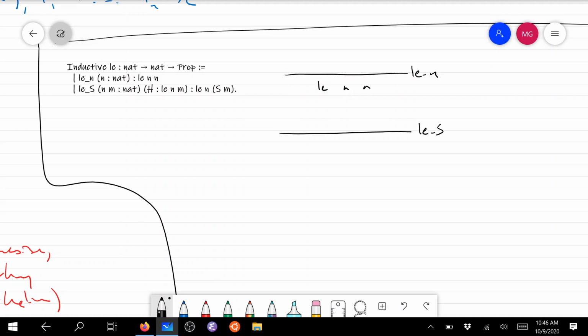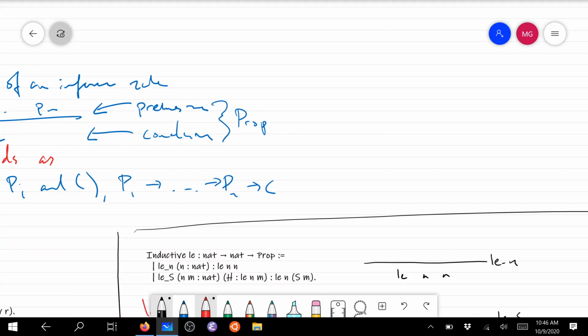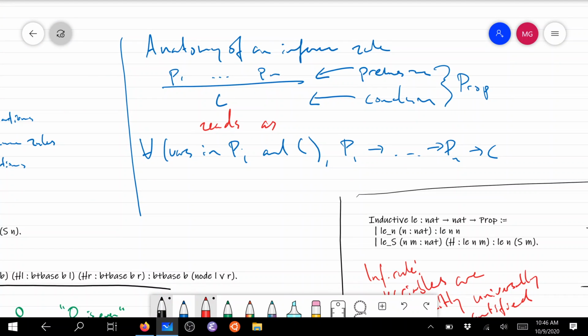Now, what do we do with this for all n is a nat? In an inference rule, you don't write the variables. The variables in an inference rule are implicitly universally quantified. So if you need to mention a variable in an inference rule, just mention it and we'll take it to mean a for all anyway. So we gave that here, right? This is the idea.